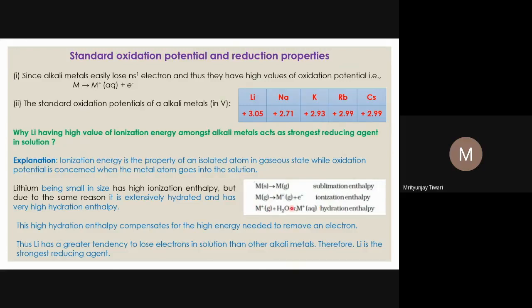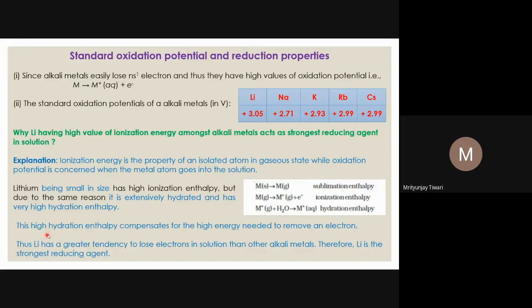And finally, some energy is released when the gaseous cation interacts with the water molecules to become an aqueous metal ion, and that we call the hydration enthalpy that we have seen earlier. So this entire process is energy releasing. Here energy is liberated, and this also defines the overall standard oxidation potential. It helps us determine those values.